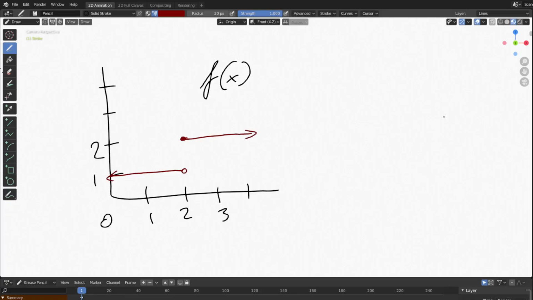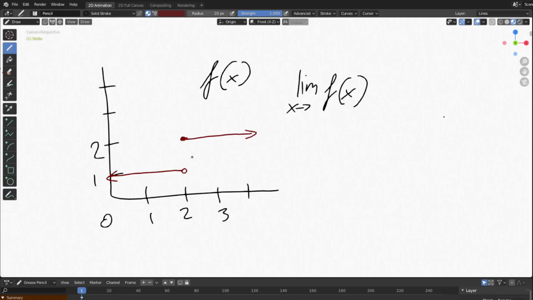So we have this. This is surprisingly a graph you see a good amount in calculus, but this is graph f of x. If I were to take a limit as x approaches 2 for f of x, you'd realize, okay, well, from the left side it's 1, from the right side it's 2.